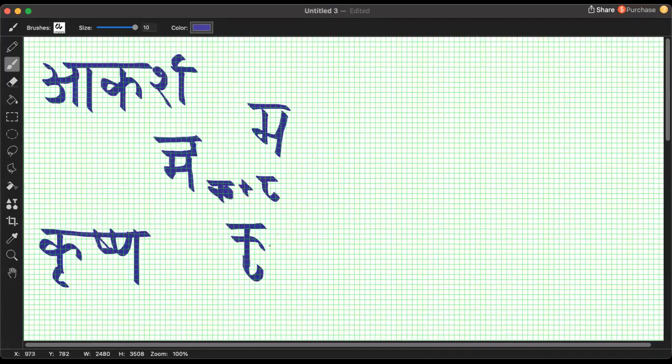So this becomes Kr, and shna. We all know shna. When you're writing shna, what do you hear first? You hear sh, right? So I'll first write sh. So this is Sharda, it will go with your hearing.